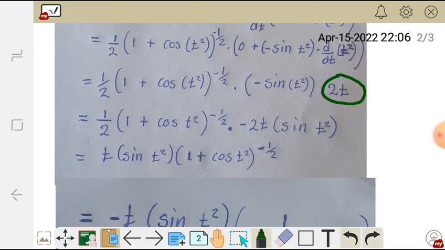The half multiplied by negative 2t gives us negative t in front.